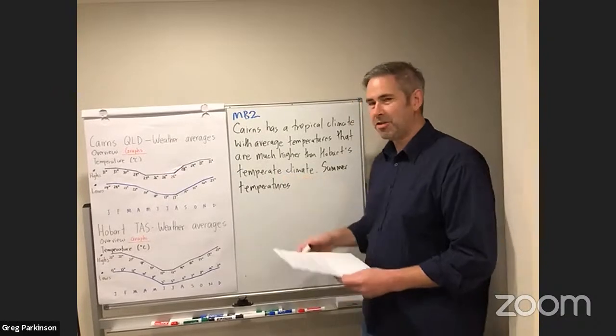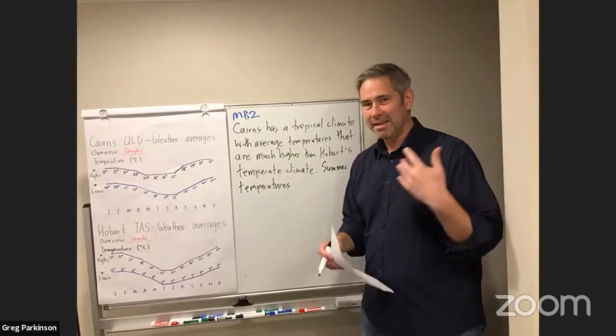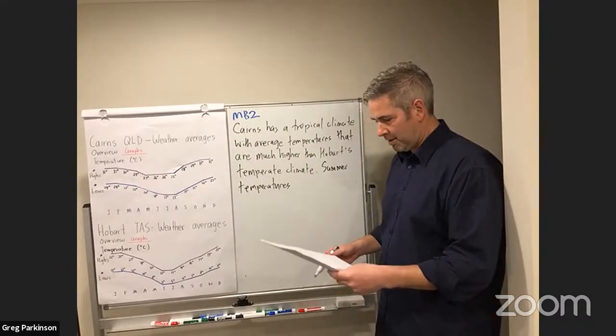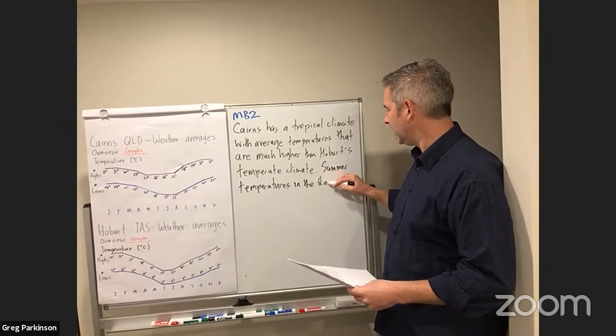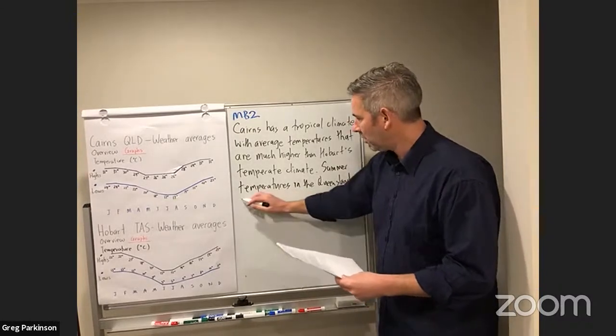Now, I want to try avoid using the names Hobart and Cairns if I can. If you can't, then you just have to go with those names, but I'm just trying to mix it up. So I'm going to say in the Queensland location.